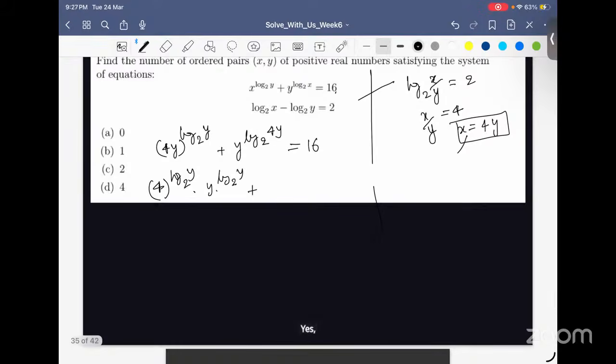Yes, sir. It is y times log of 4 base 2 plus log of y base 2, correct, equals 16.